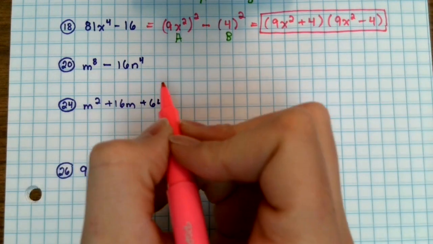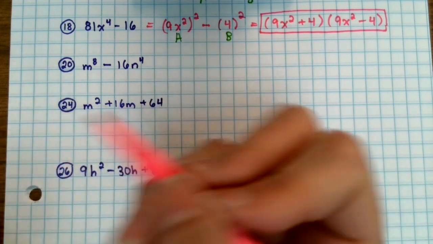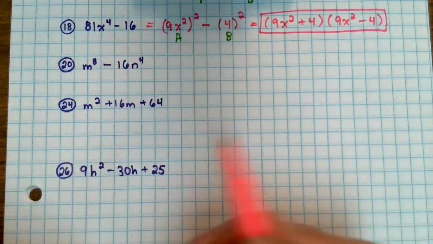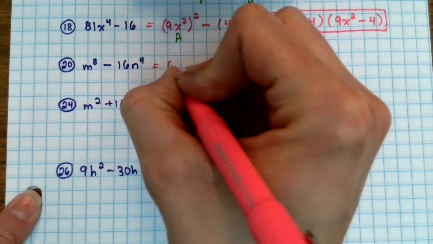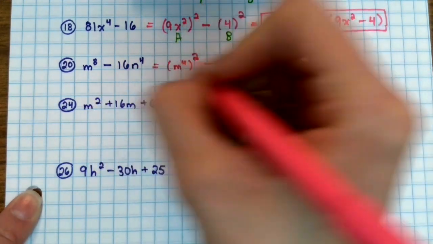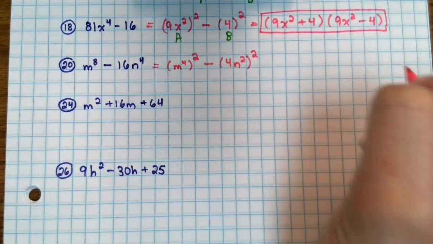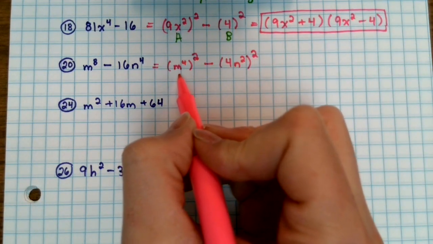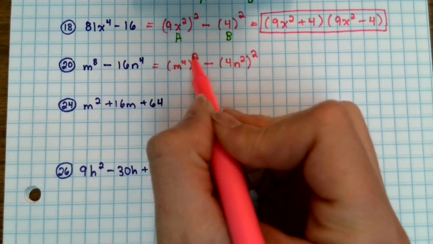This next example, number 20 out of the book, is going to also follow that same kind of pattern, or that same mindset of we need to rewrite this as something squared. So m to the 8th is the same as m to the 4th squared, minus, and then this is going to be the same as 4n squared squared. Again, if we double check this, 4 times 2 gives me the 8th power, so again, goes back to rules for exponents.